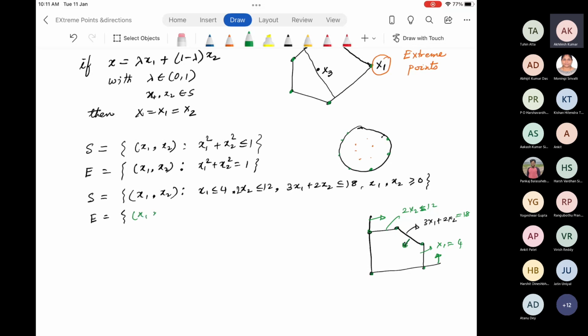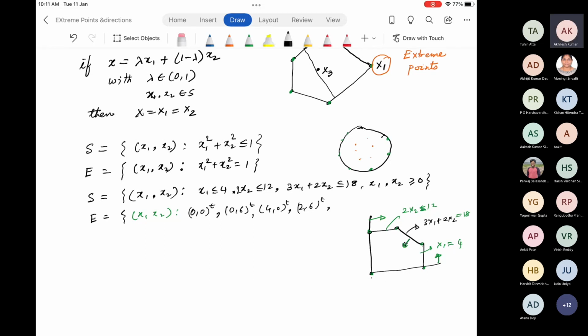So I can write x1 comma x2. I will get (0, 0) transpose, this will be (0, 6), this will be (4, 0), this will be (2, 6), and this will be, this is 4.